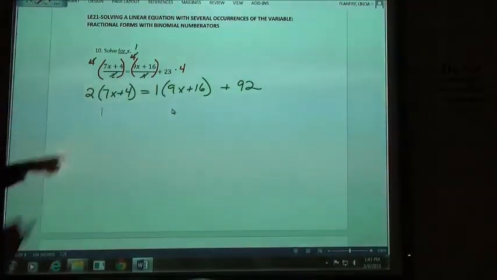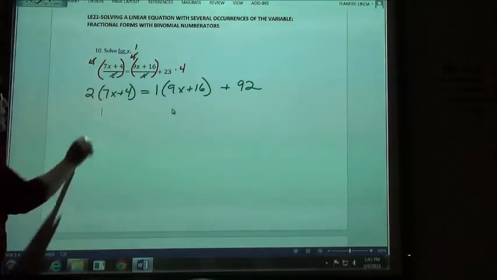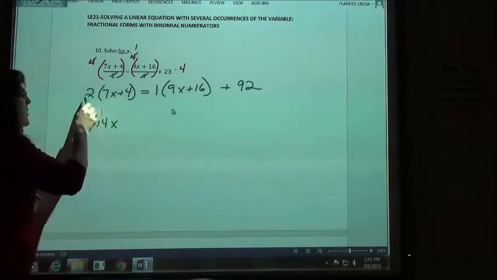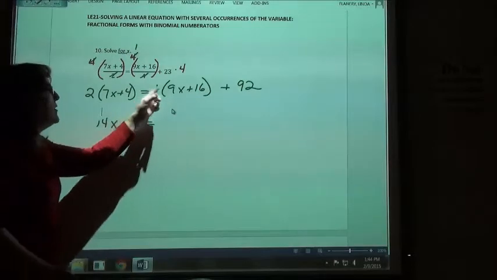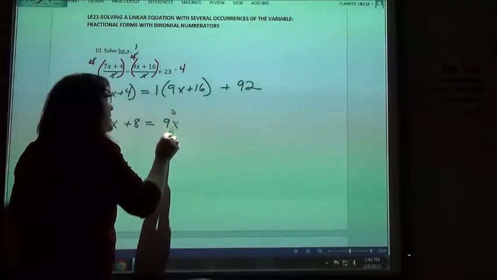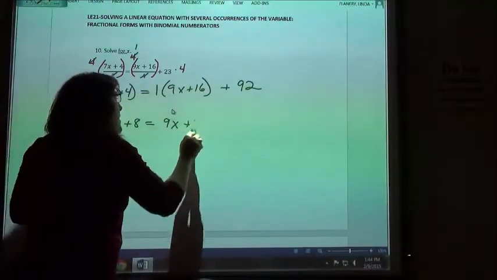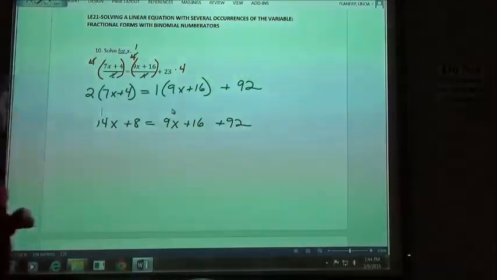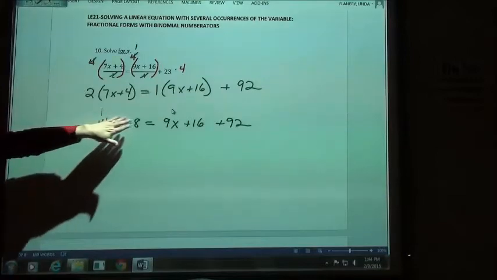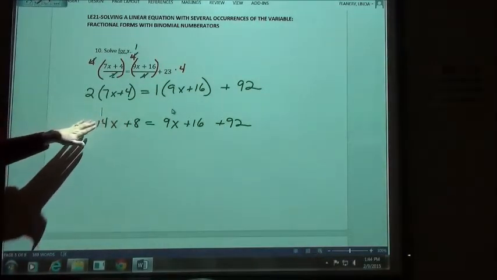So using my distributive property, 2 times 7x would be 14x. 2 times 4 is plus 8 equals 1 times 9x is 9x. 1 times 16 is 16. And then I have that plus 92 on the end. The left-hand side only has 2 terms. We can't combine anything.